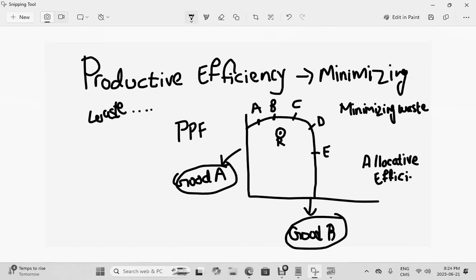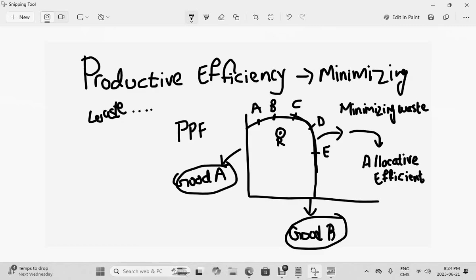Let's say if the production of good B increases the marginal benefit to the society, then this production is allocatively efficient. When you assign resources and raw materials towards the production of good B, you're being allocatively efficient, because the marginal cost of producing good B is less than the profit or the marginal benefit from producing good B for the society.